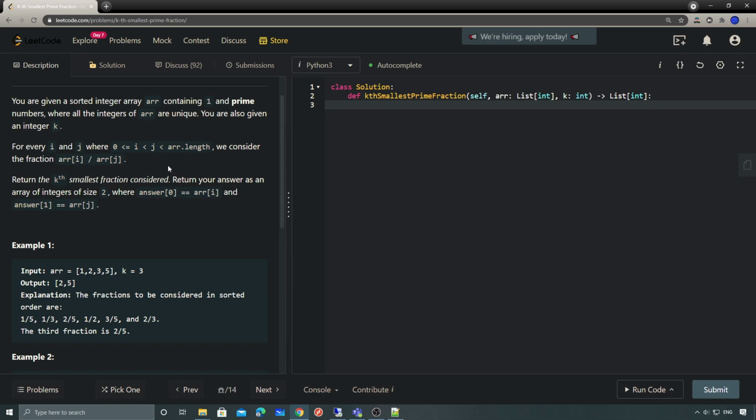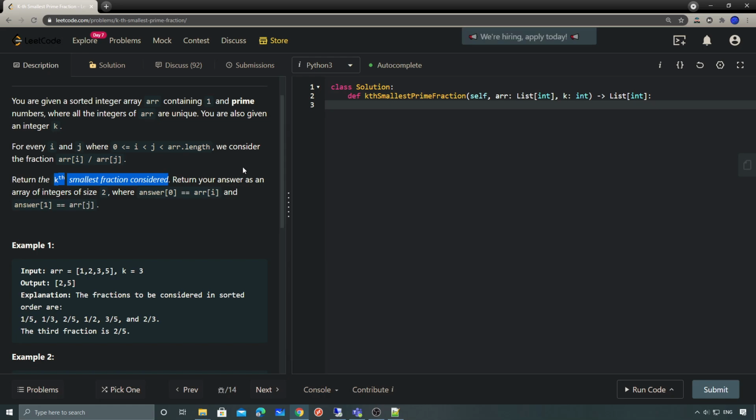Basically, we used a priority queue to help us solve that problem. Since each list is sorted, at the beginning we just push the smallest element from each of the lists into the priority queue.